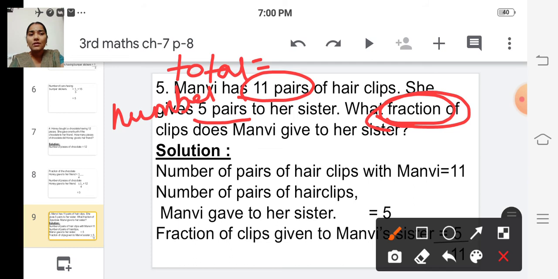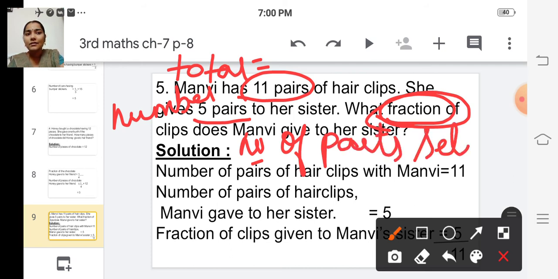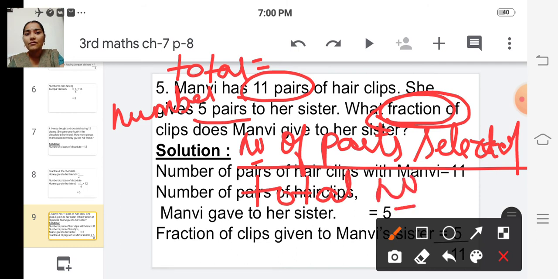Okay. What is the format? Number of parts selected by total number of equal parts, isn't it?